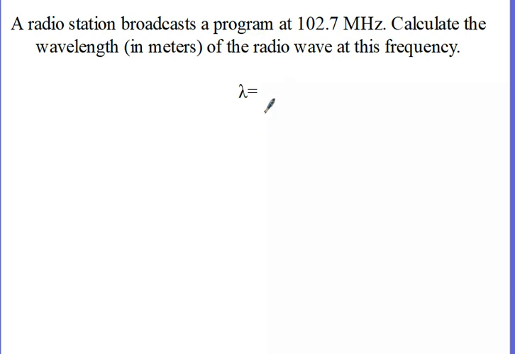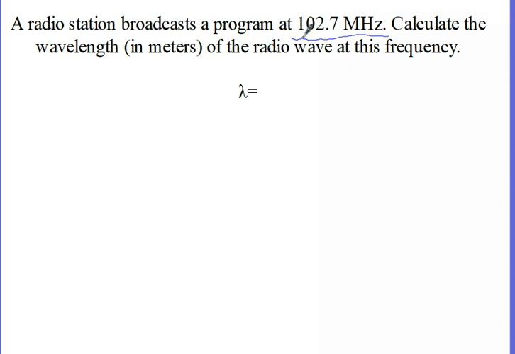Now on this particular one, we have to solve for wavelength given a frequency, but our frequency is not given in regular hertz at first. It's given in a prefixed unit, megahertz. This is typical of radio station broadcasts.